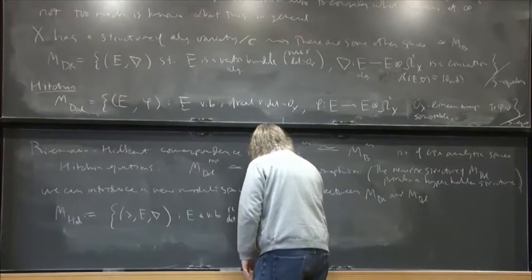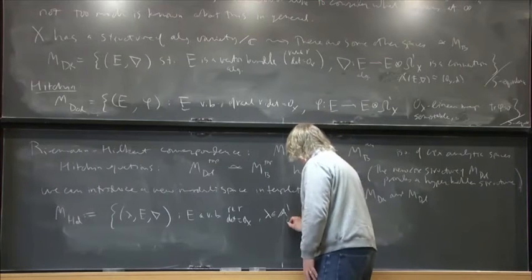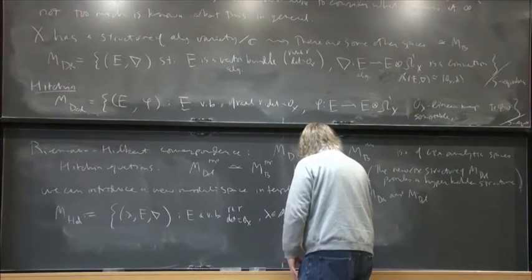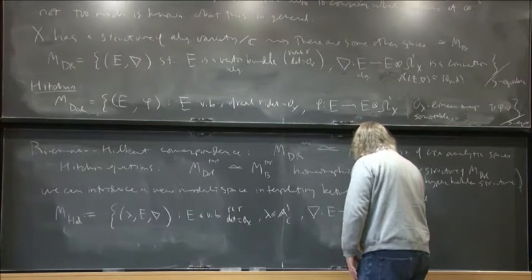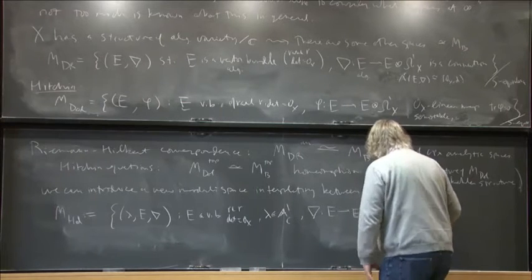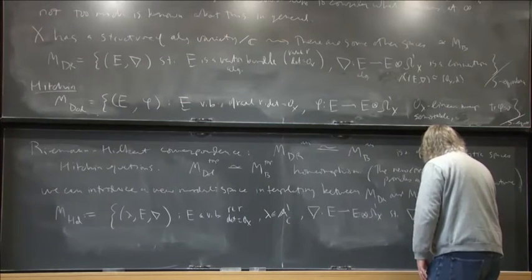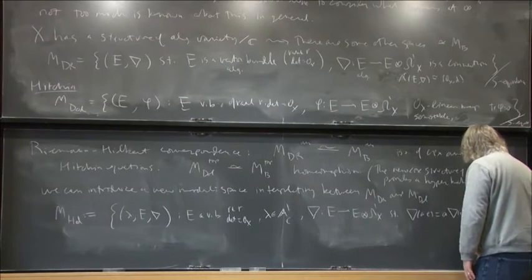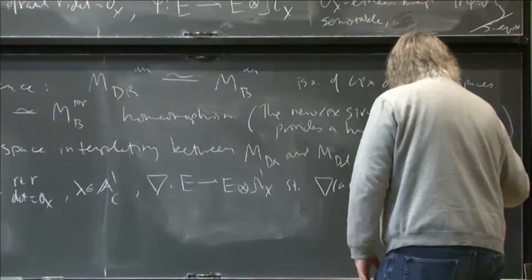Here, lambda is just a parameter, a complex parameter, and nabla is an operator from E to E tensor omega 1 of X, such that nabla of a times e is equal to a nabla of e plus lambda da times e.